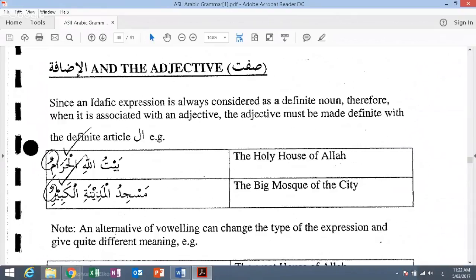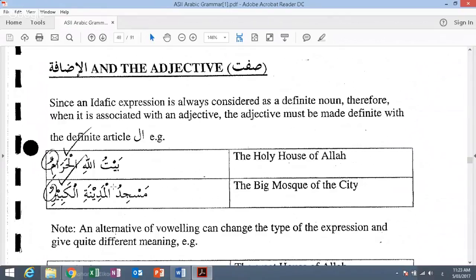If you want to make a nominal sentence, then we have to make a difference. Both of them cannot be marifa. It has to be one marifa and one nakira. Meaning the mubtada will be marifa, the khabar will be nakira. Otherwise, that will be mawsuf and sifa. So this morning some of you made some mistakes. Now if you read this rule here, then you can understand.